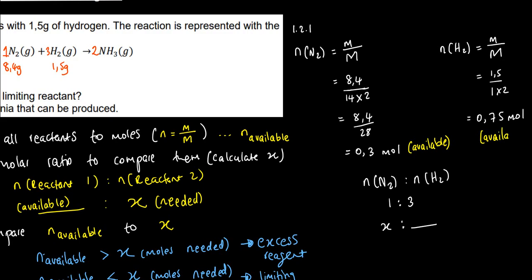So now you need to know how much of the nitrogen is actually needed. Then you compare the needed to the available. Or you can say how much of the hydrogen is needed, so that you can compare the available to the needed for hydrogen. So hence I'm saying you can either say nitrogen X, meaning needed.